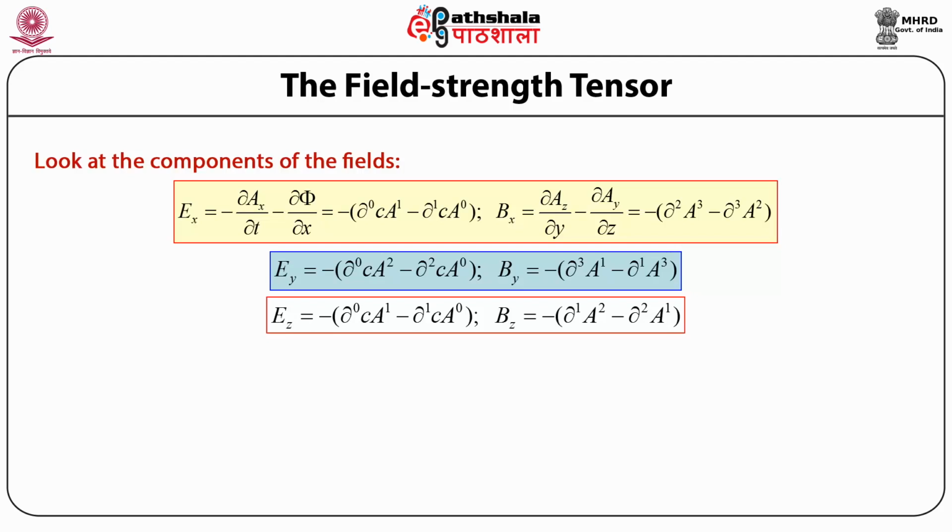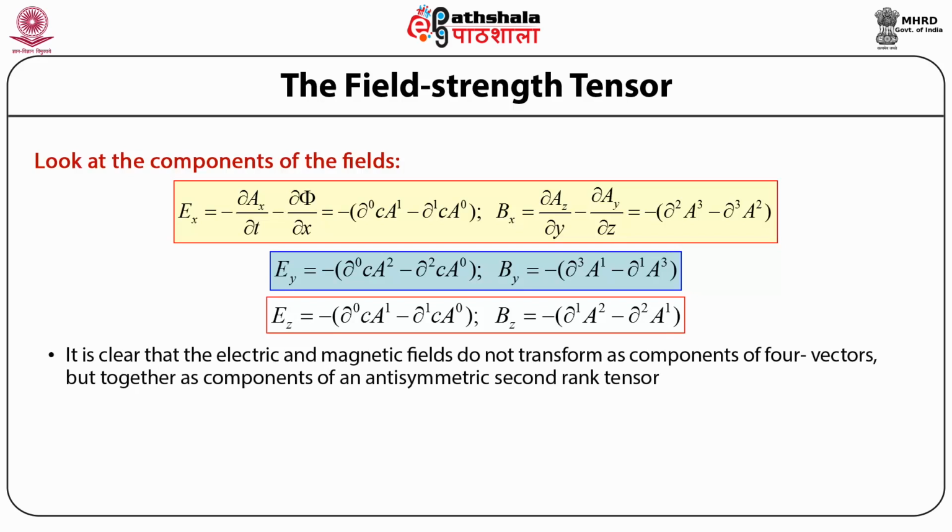So from these 3 equations representing the 3 components of the electric field vector and the remaining 3 equations representing the 3 components of the magnetic field vector, one can clearly say that the electric field and the magnetic field do not transform as components of a 4-vector, but together as components of another antisymmetric second rank tensor.